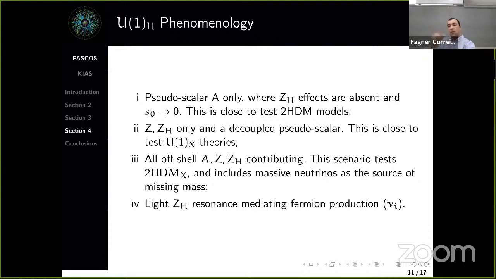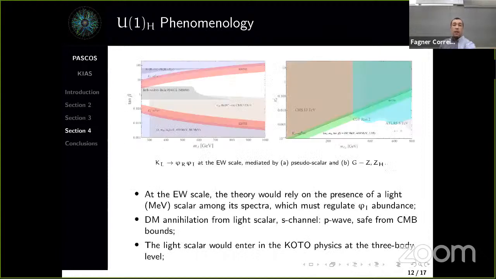We can test the features of both models simultaneously in this setup by just switching on and off all of their contributions. So we can test 2HDM, U(1)_X, or 2HDM plus U(1)_X. At the electroweak scale, the theory would rely on the presence of a light scalar among its spectra if this new singlet is a dark matter candidate.